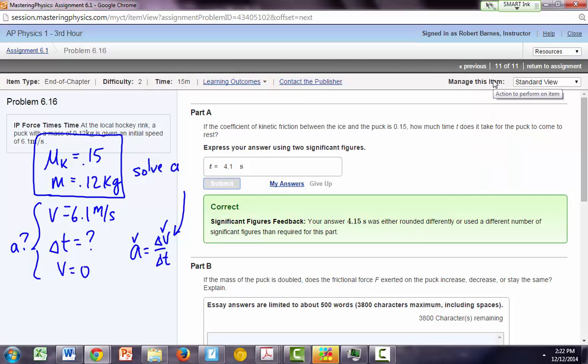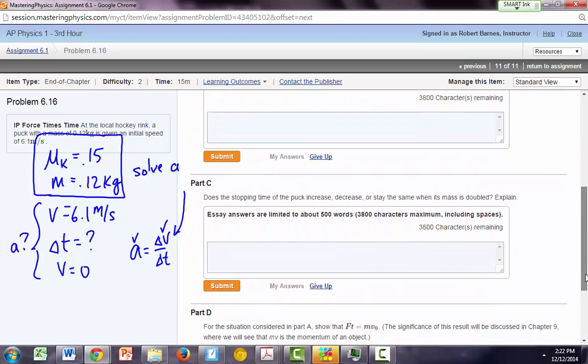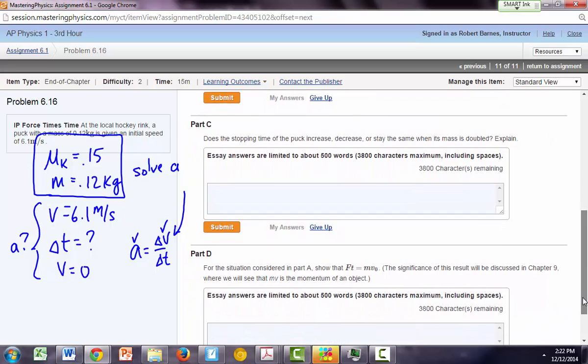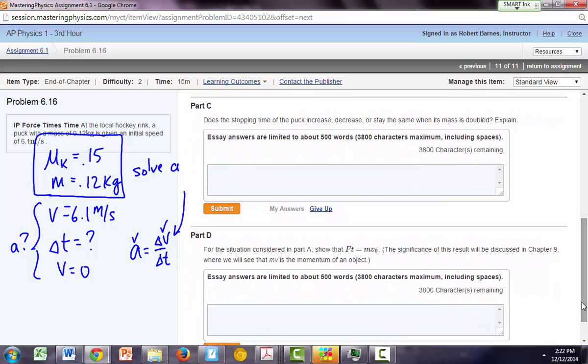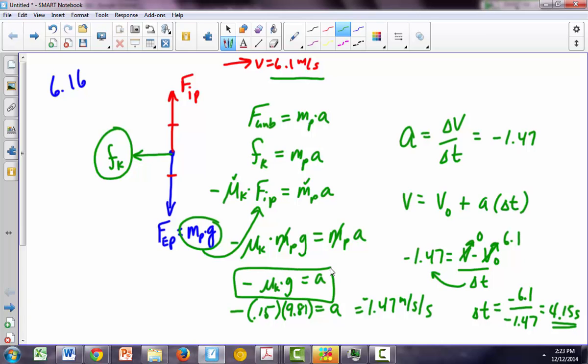Okay. All right, I'll let you answer the essay part of that question: does the stopping time of the puck increase, decrease, or stay the same when the mass is doubled? That's kind of interesting. Well, what did we find out here? The mass cancels out. This is the acceleration relationship right here. You'll notice mass is not a part of that.